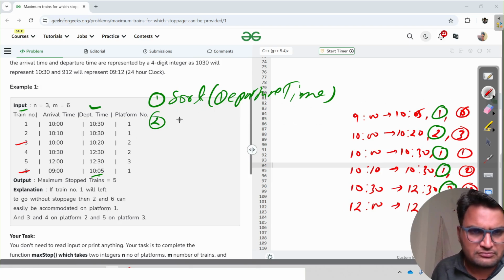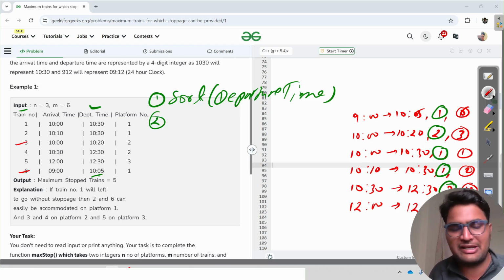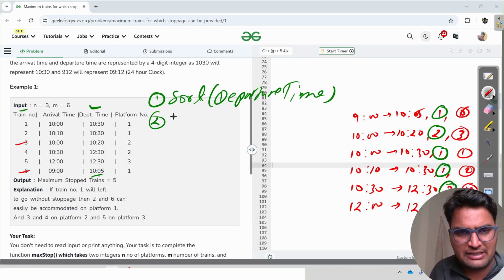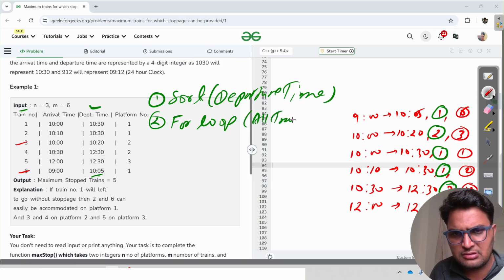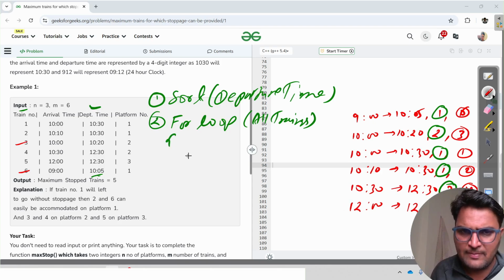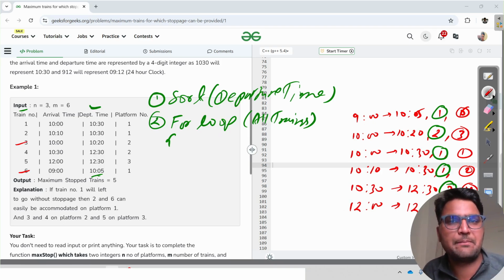Now, the second thing I will do is traverse through this complete data. I will take a for loop for all trains. In this, I will basically maintain a platform array also, and in that platform array we will store the departure time.